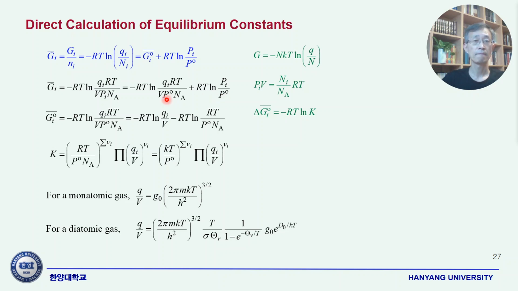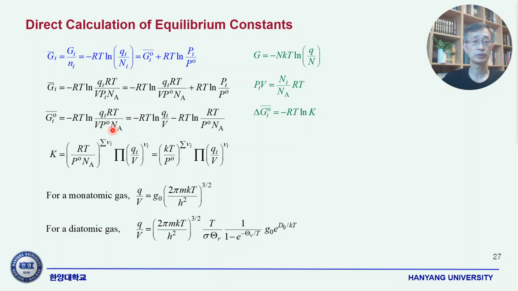If you compare these two lines, the molar standard Gibbs free energy G_i naught for species i is minus RT ln q_i of RT over V P naught over N_A.